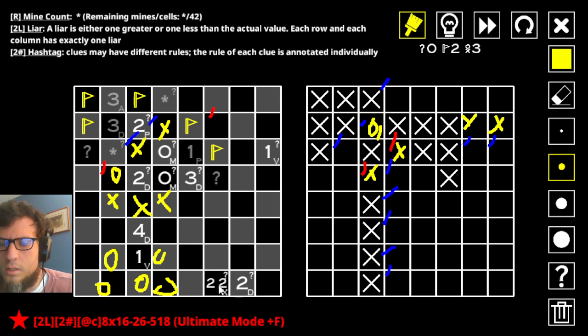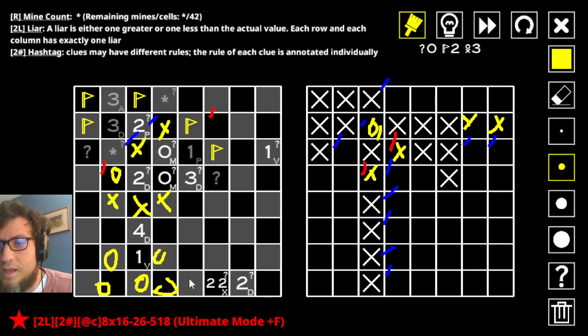If this one's lying, then this one's honest? No, I could still see, you could have those two be the mines and then one of those be missing. Or you could have one of these missing, have some other mine outside the range of this, and then both of those be mines. So actually, no. I can't get anything with those two.